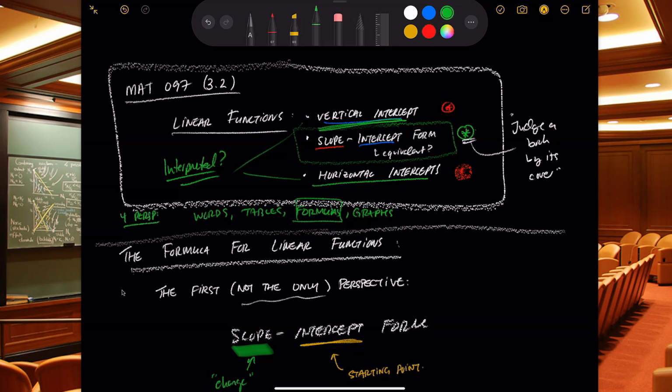And then the other key thing here was that you can write any linear function in slope-intercept form, right? B plus mx. If it's a linear function, you can write it like this, even if it looks different. And when you have it written like this, you can then judge a book by its cover.